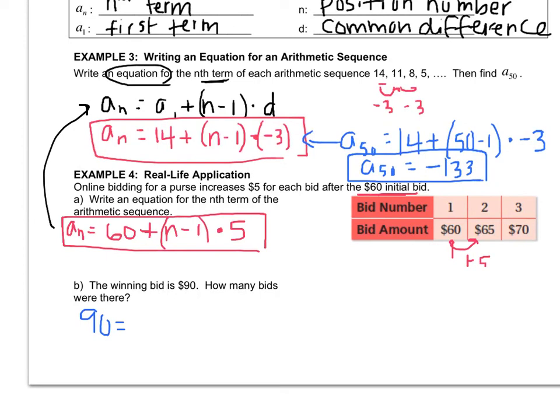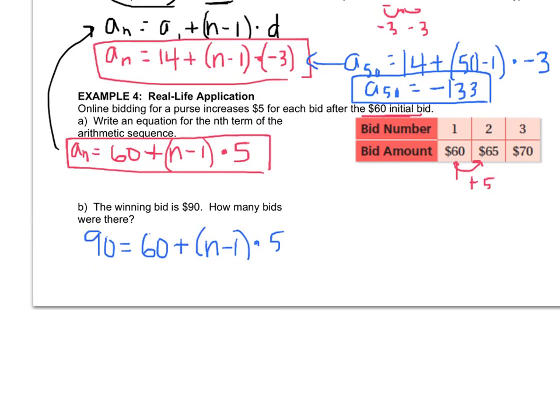So since I know the bid amount, I'm going to look for n. So I'll drop a line, do my order of operations, get rid of the 60, 30 equals n minus 1 times 5.